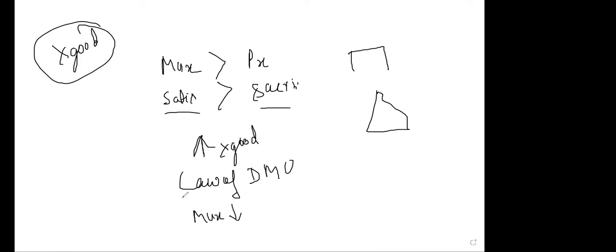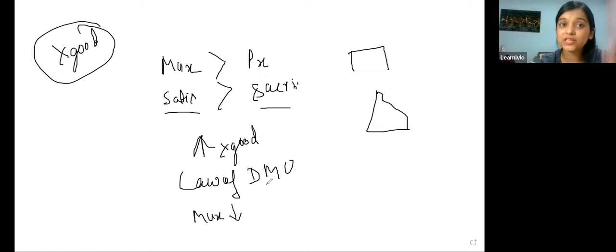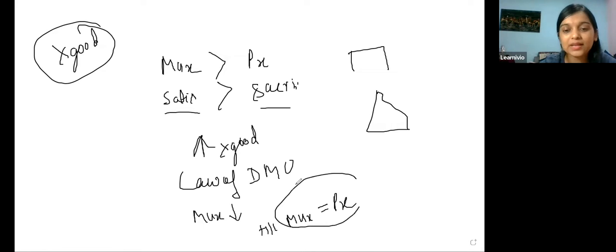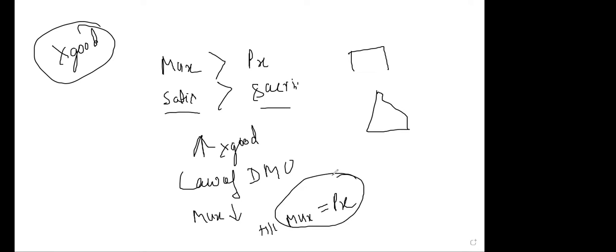I hope you remember DMU, right? As we consume more and more, the law of DMU will operate and MUX will fall. Earlier it was more, right? So it will fall till your MUX becomes equal to PX, and then you will get the consumer equilibrium. Clear? Simple? Yes. Very simple.